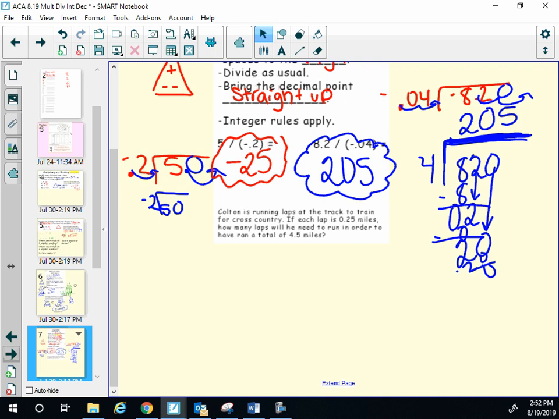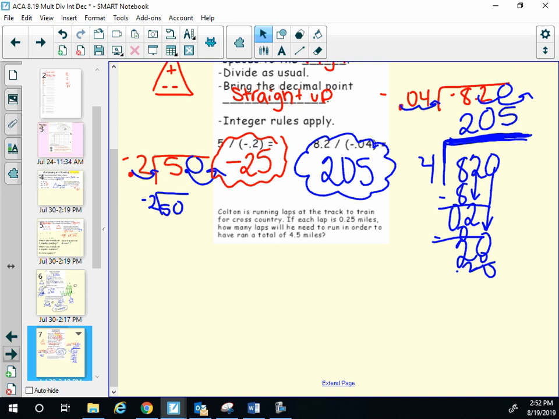So, in this one, I know our answer is going to be so many laps, but is that answer going to be a positive or negative? There's no negative. Yeah, you can only go forward. So they're going to be positive laps, right? There's no such thing as negative laps. That doesn't make sense. But how can I find out?